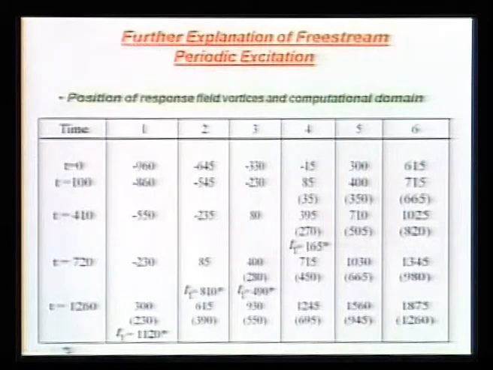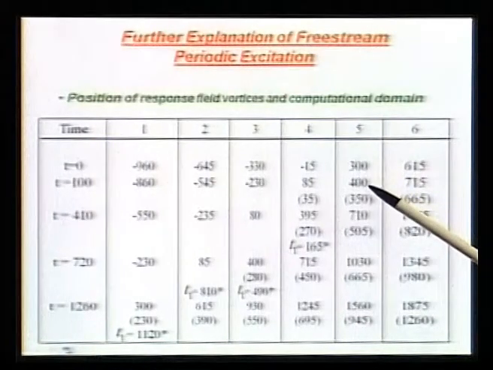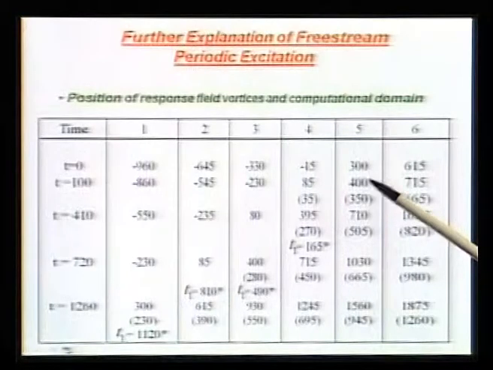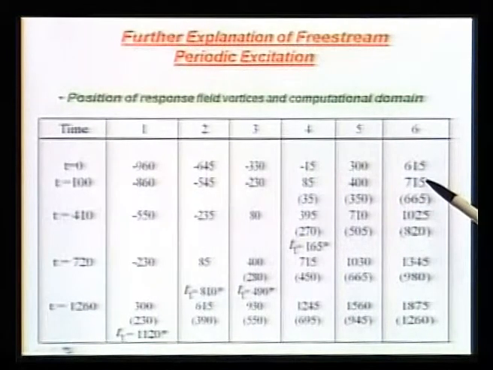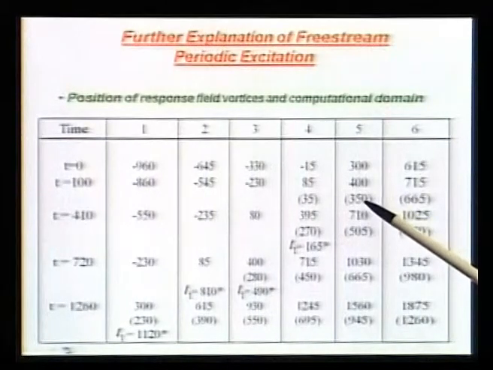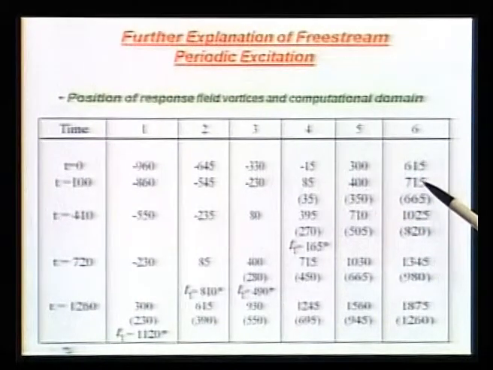At t equal to 100, I showed you those 4 frames. Where would we expect the input to go? At an interval of 100, it will go to 400, this will go to 715, but the response that we saw, where did we see the peak? Instead of 400, we saw it at 350, and instead of seeing the peak at 715, we saw it at 650.